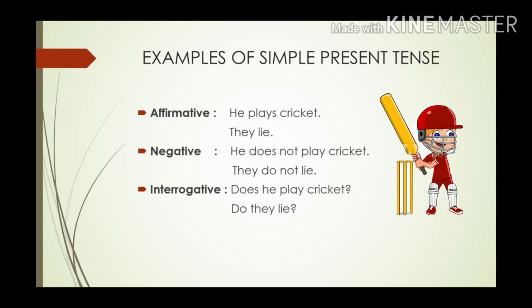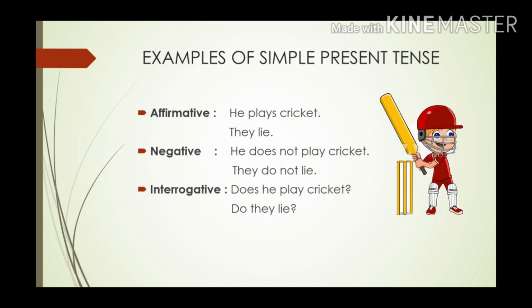The sentences which are in negative, for example, he does not play cricket. Here again the subject he is singular. So we will put es with the base form of the verb, that is do. And then to make it a negative, we will put not. So it will become he does not play cricket.